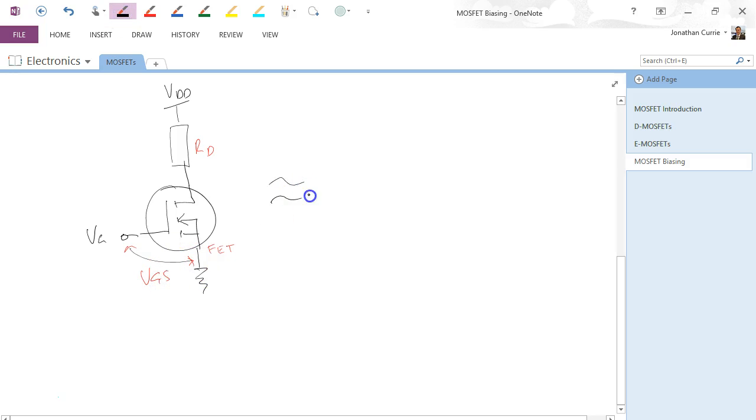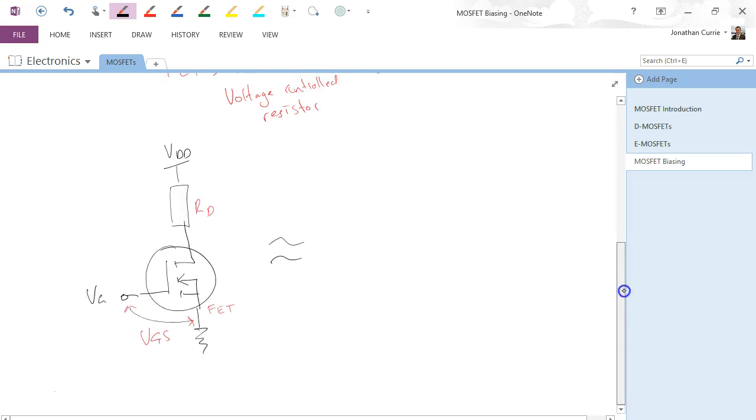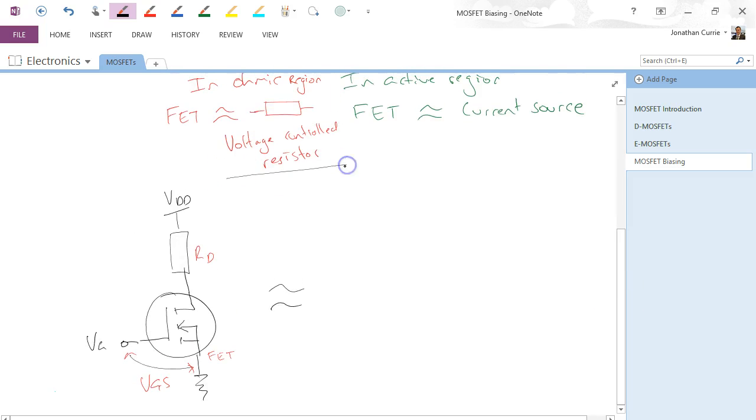This is approximately equivalent to, remember, a voltage controlled resistor: VDD, resistor, ground, and this guy can be controlled by VGS. So the resistance here can be changed by changing VGS.